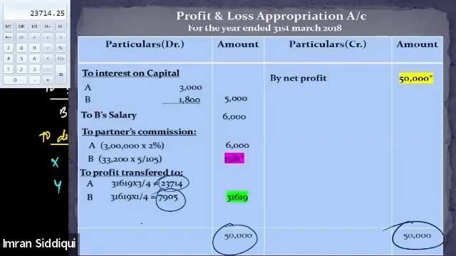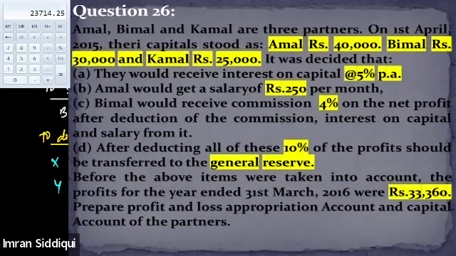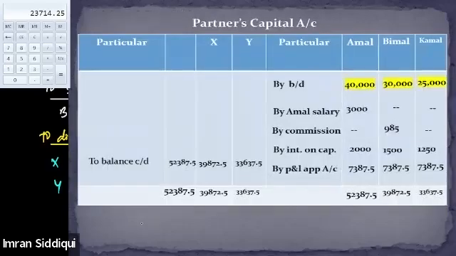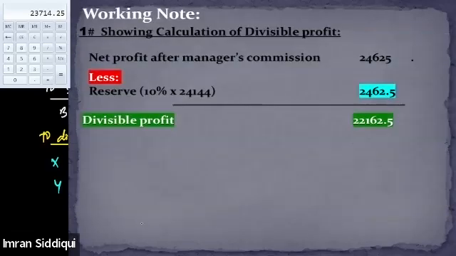This is all about the capital account. We will discuss a few more questions based on it. I'm giving you one question for your homework as well. Question number 26. Take the screenshot of this question, please. Done, sir.